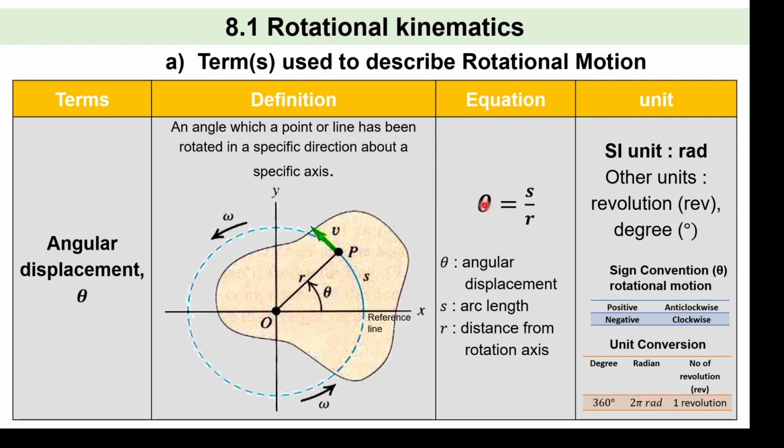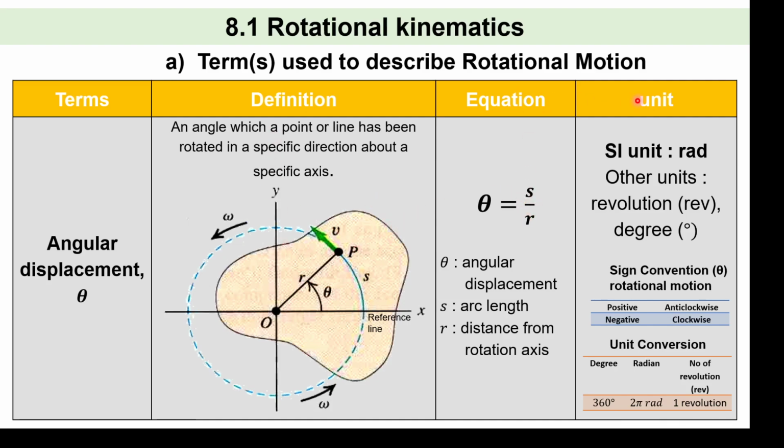So the angular displacement theta is equal to S, which is the arc length, divided by R, which is the distance from the rotation axis. It is noted that it can be at any point because, as we learned in rigid body, all the points of the body rotate about the axis.